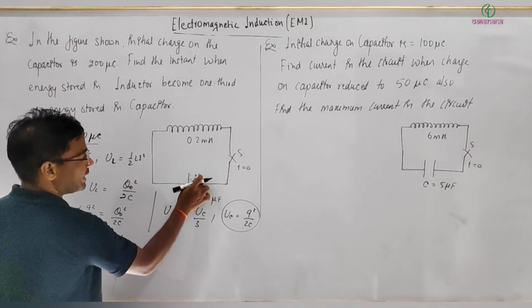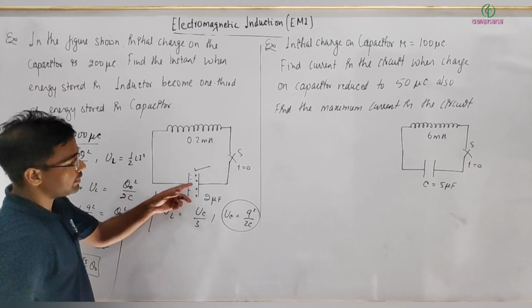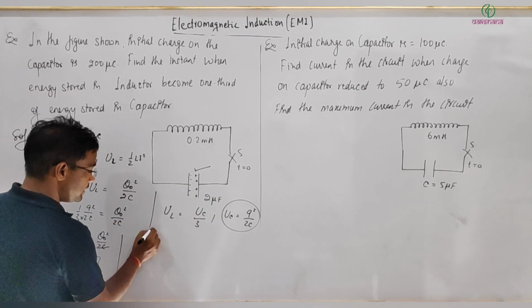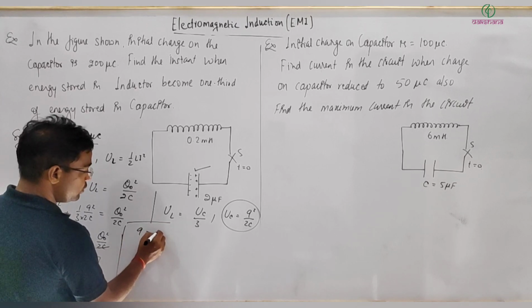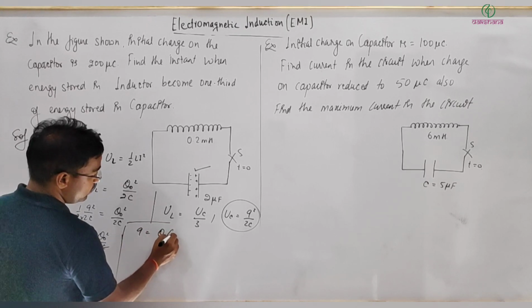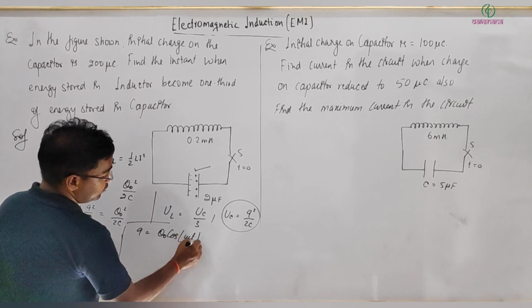And we know that if initially the charge is only on the capacitor, then we can write Q as a function of time: Q is equal to Q0 into cos of omega t.